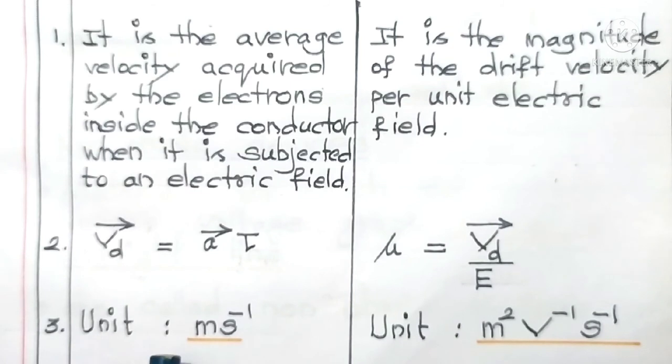We all know that the unit for velocity, which is meter per second, is the same for drift velocity too. And here the unit is meter squared V power minus 1 s power minus 1. This is the unit for mobility.